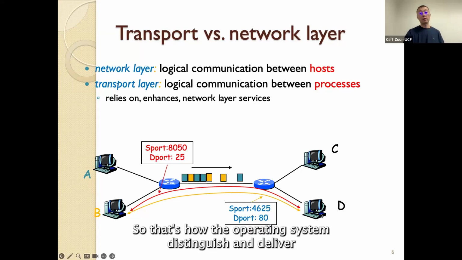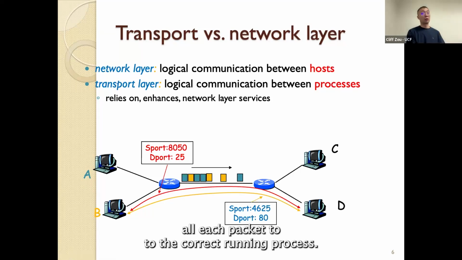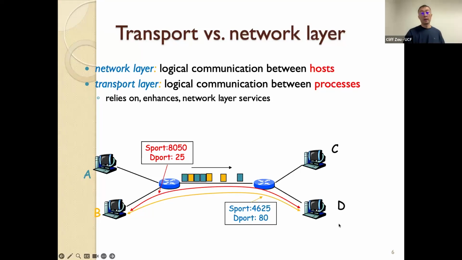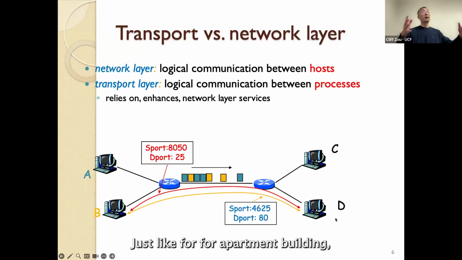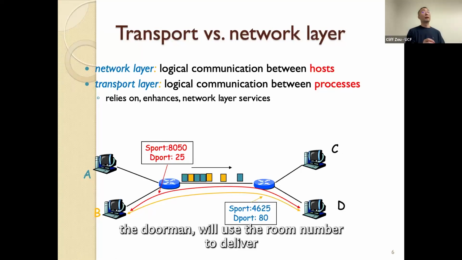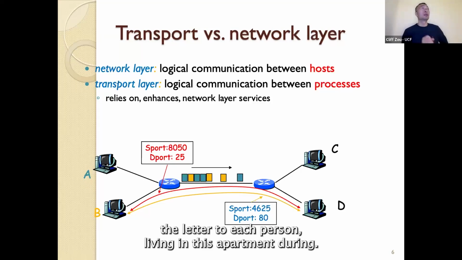That's how the operating system distinguishes and delivers each packet to the correct running process. Just like in an apartment building, the doorman will use the room number to deliver the letter to each person living in this apartment building.